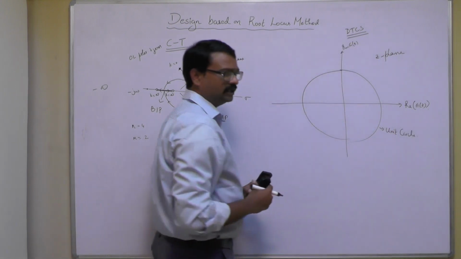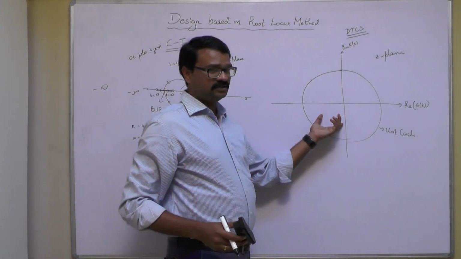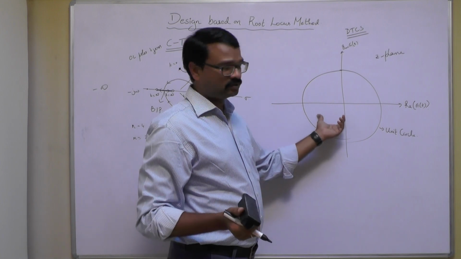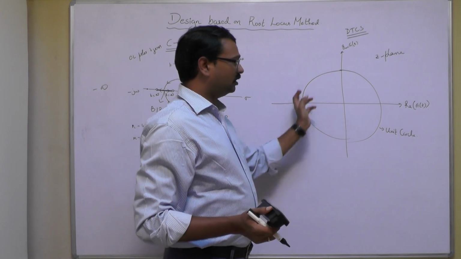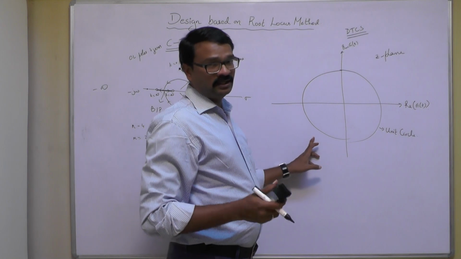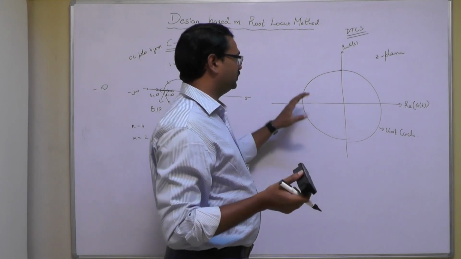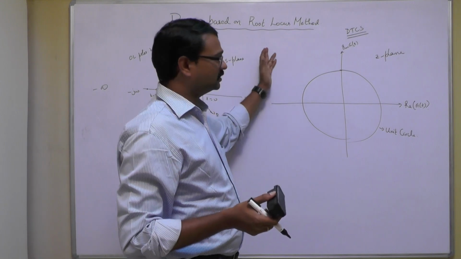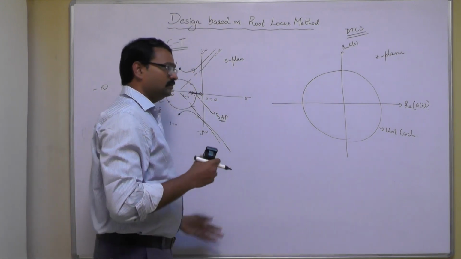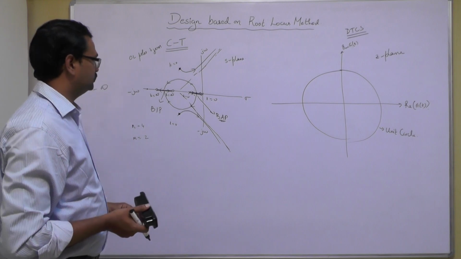Now we already know that any point lying inside the unit circle contributes towards the stability of the system. A point on the unit circle contributes to the marginal stability of the system, and any point lying outside the unit circle contributes to the instability of the system.